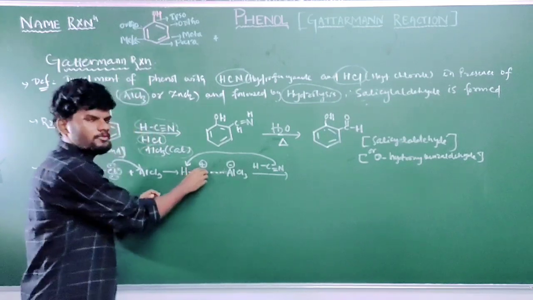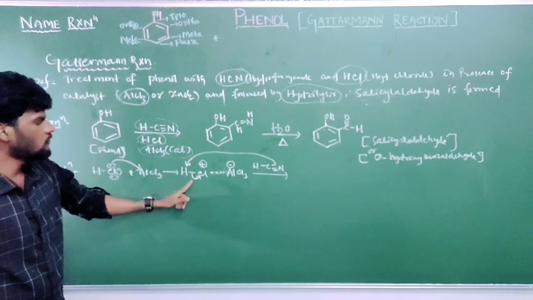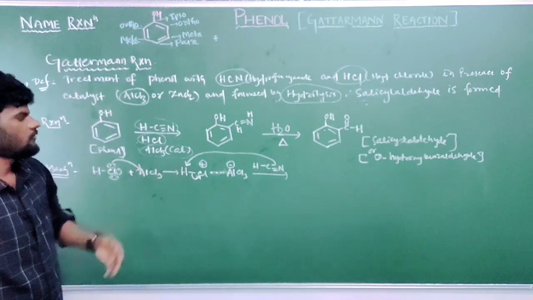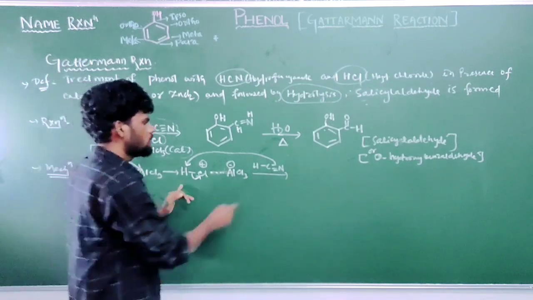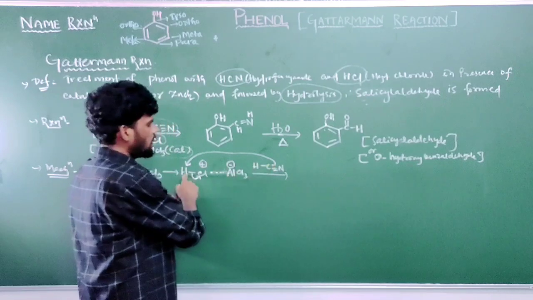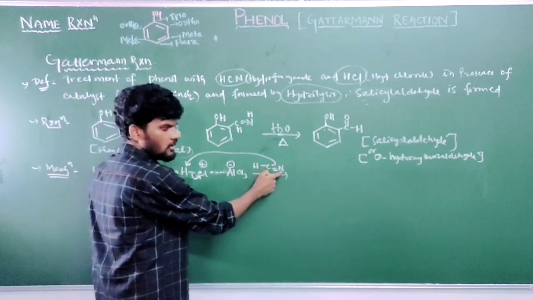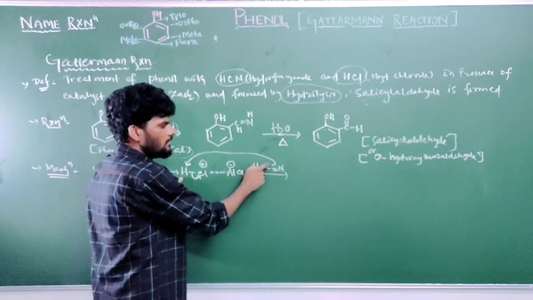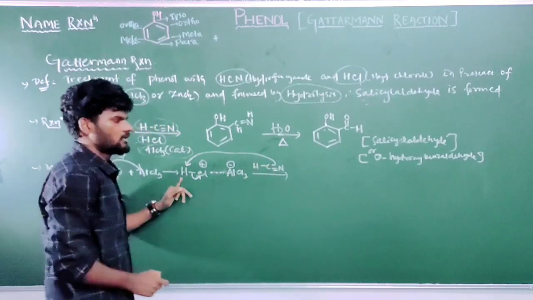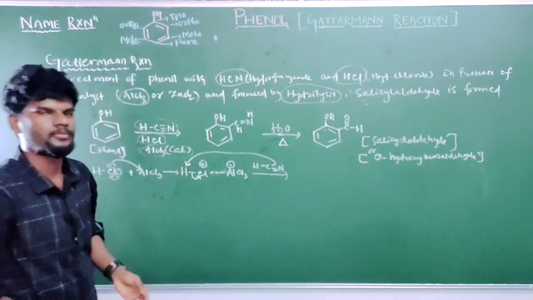Over chlorine there is positive charge, electron deficient. If the bond moves over to chlorine, it will make the chlorine atom neutral. Now the bond takes the hydrogen, this hydrogen will get attached to the nitrogen position, and as this bond breaks from the carbon atom, there will be one positive charge over carbon.